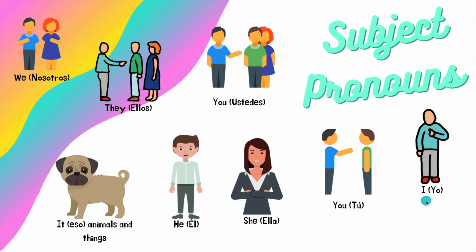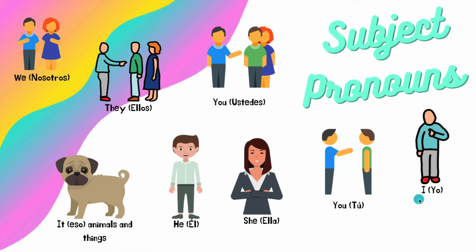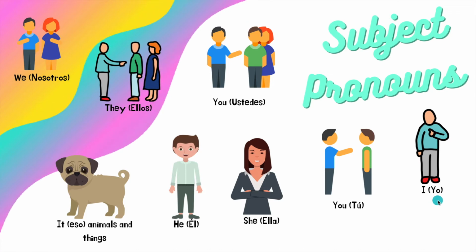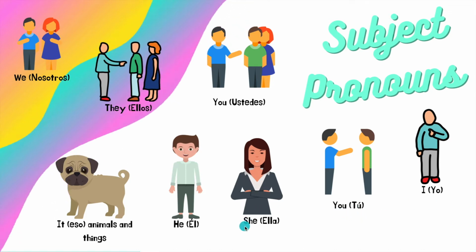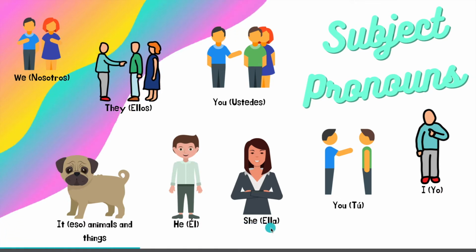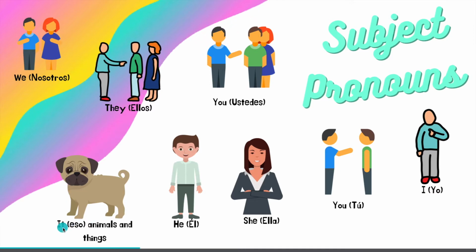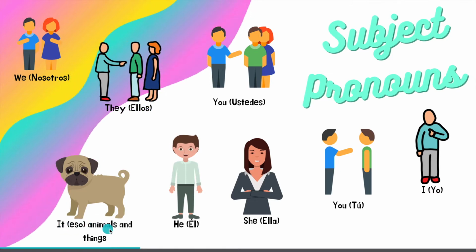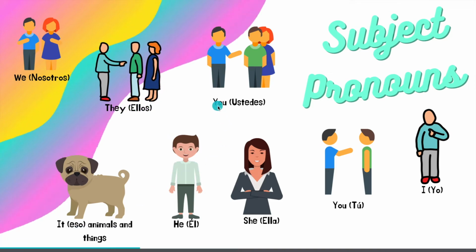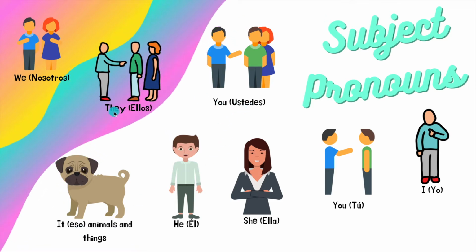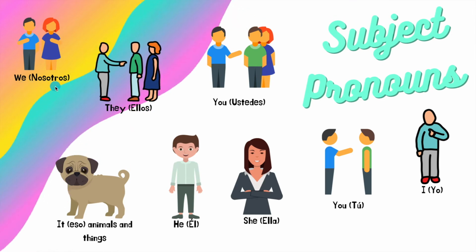So remember that subject pronouns in Spanish will be pronombres personales. So I, yo, you, tú, she, ella, he, él, it, that is for animals and things, remember that, eso, you, ustedes, they, ellos, we, nosotros.